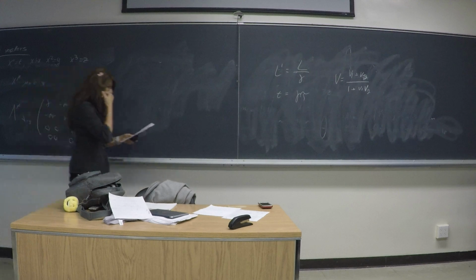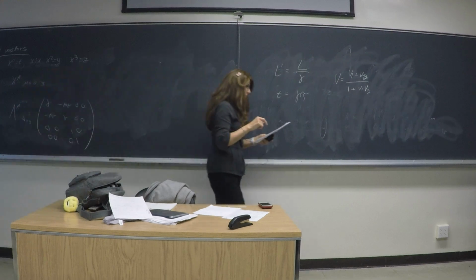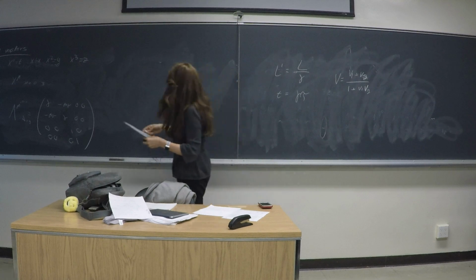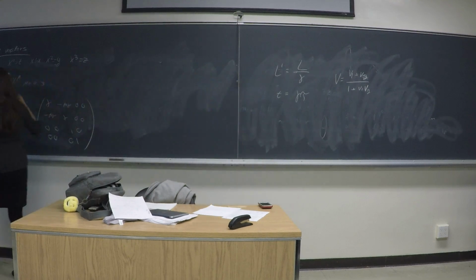Anything that transforms like x mu is called contravariant. When it's up, it's contravariant, I think, and the other one is covariant. Are the mu and the nu supposed to be... This is a metric, so this is different.